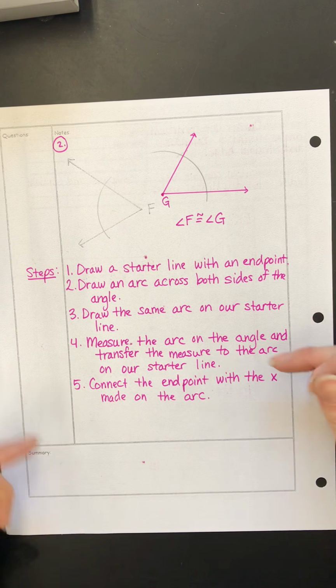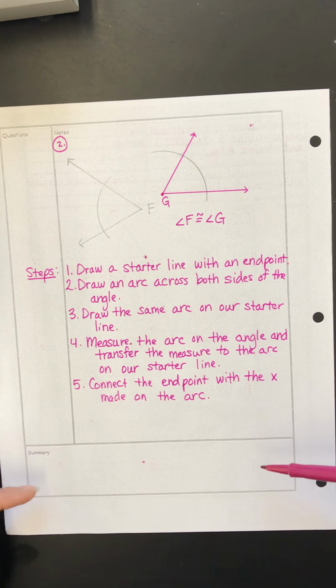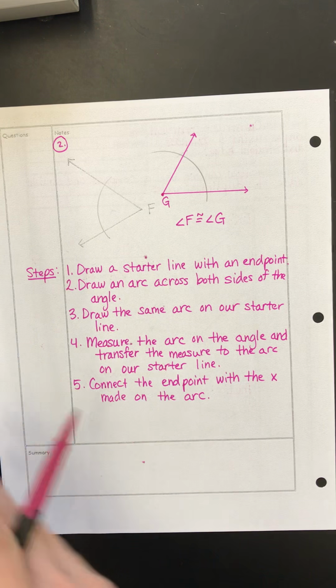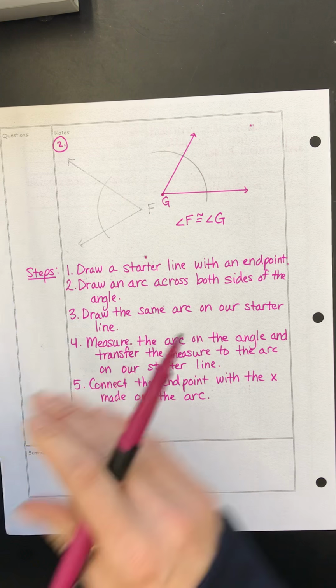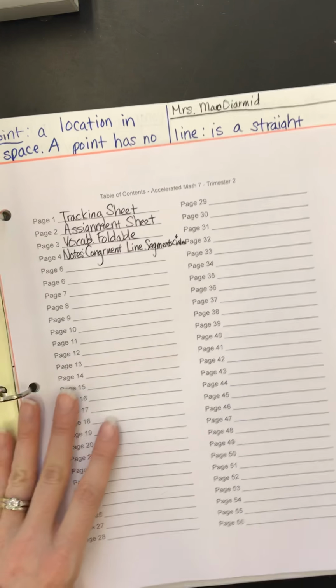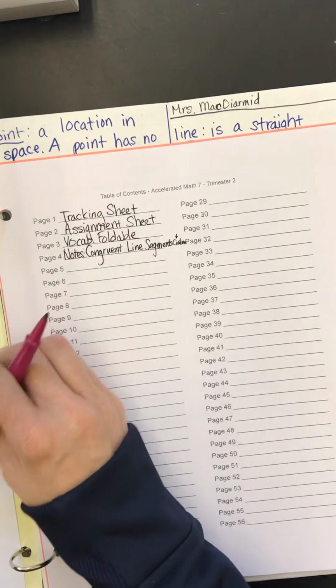Okay. If you have time, it's a really good idea to summarize what you did today in your own words. It really helps you to understand what happened in the lesson today. Okay, so let's go ahead and take out our binders. We want to get this put away so we don't lose it. In our table of contents, we're going to label this for page 5.